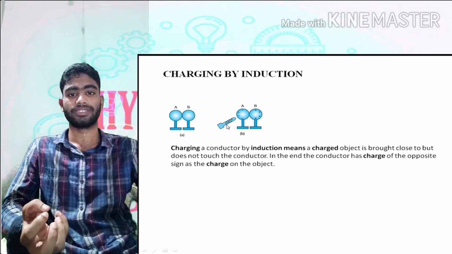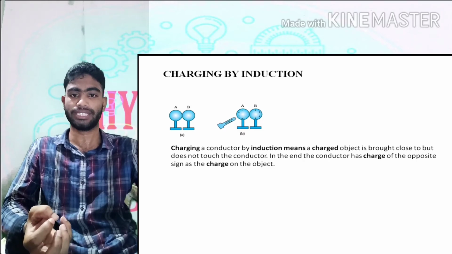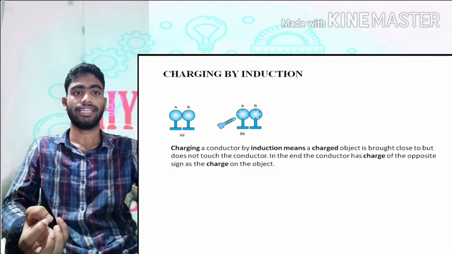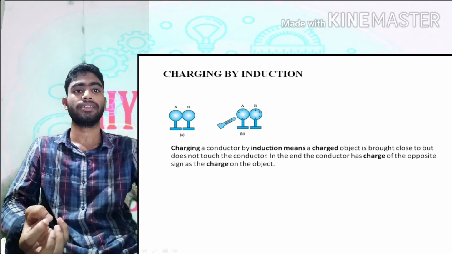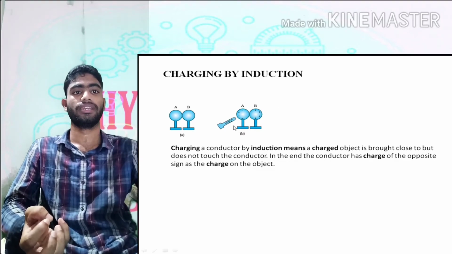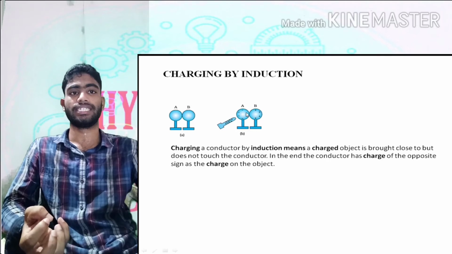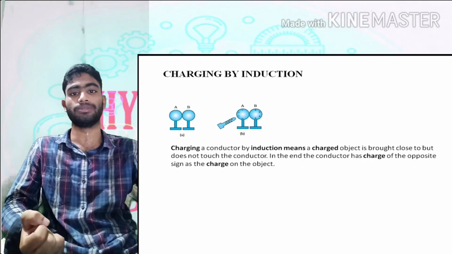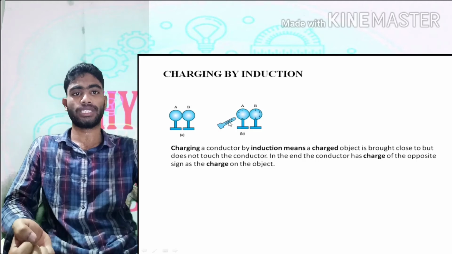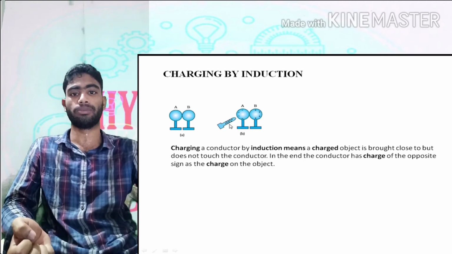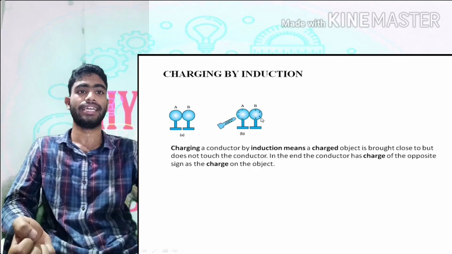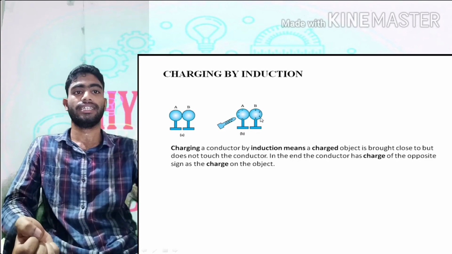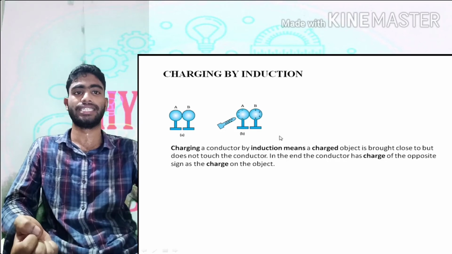The charged body helps to create the same charge that it contains at the far body, body B, but the opposite charge will be created at A. Why does this happen? Because opposite charges attract and same charges repel. That's why the charged body creates an opposite charge near to it, and the same charge at the far object.